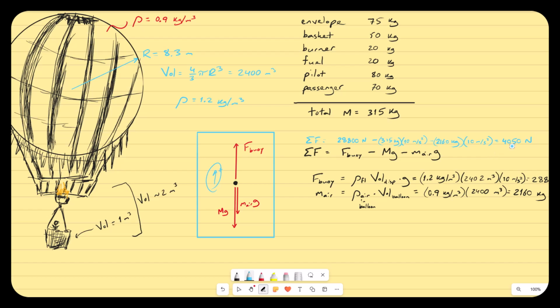If I convert that to a mass, that means I can still lift another 405 kilograms. At this volume, at that density, I get a net upward lift.